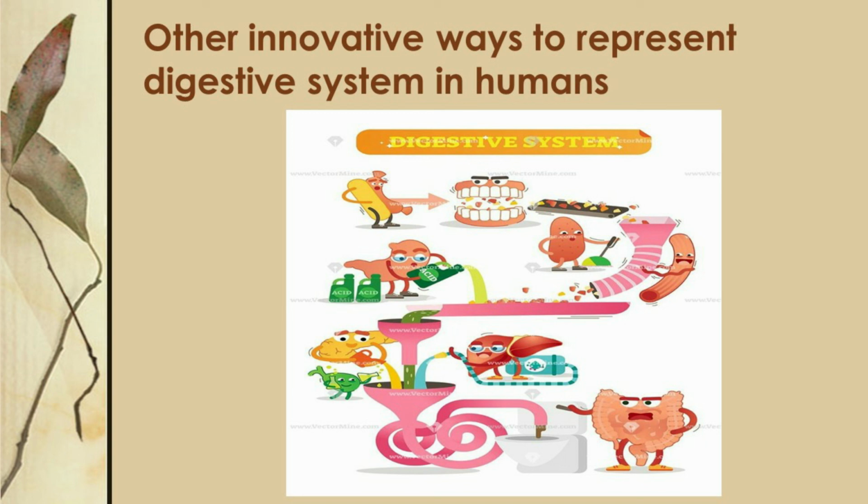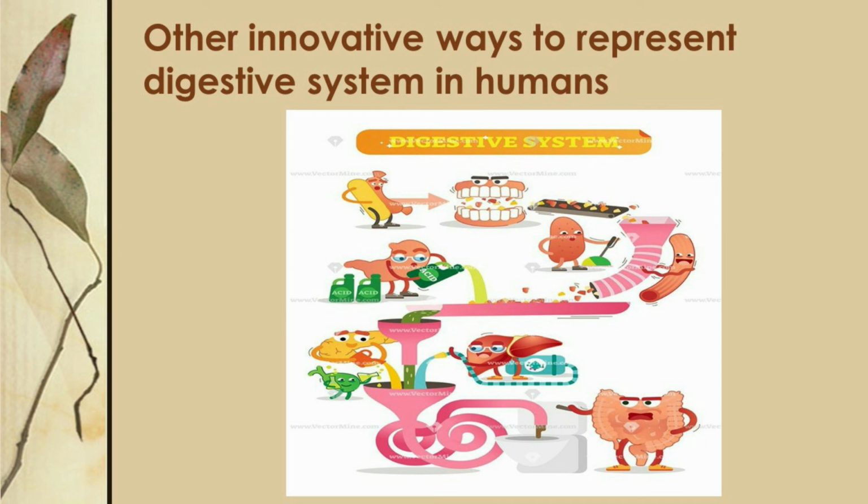In the stomach, digestion of the proteins takes place in the presence of acid. After that, it goes into the small intestine, where secretions from the liver and pancreas are also added. Here the complete digestion of proteins, carbohydrates and fats takes place. After the complete digestion, the food goes into the large intestine.